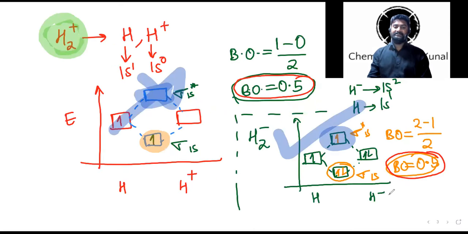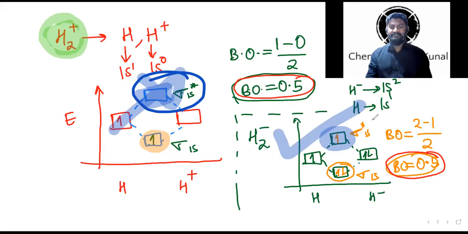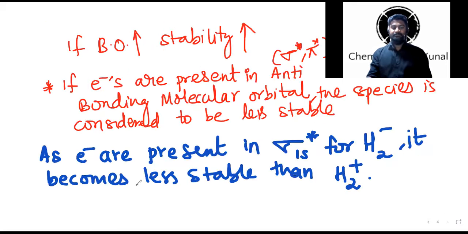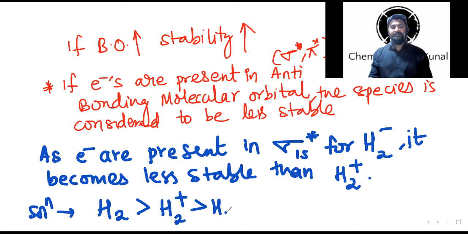Why? Because H2 plus has no electrons here, but H2 minus sadly has an electron here, which is the real game changer. So the final answer for stability is H2 more than H2 plus, H2 plus more than H2 minus. So this is the right answer.